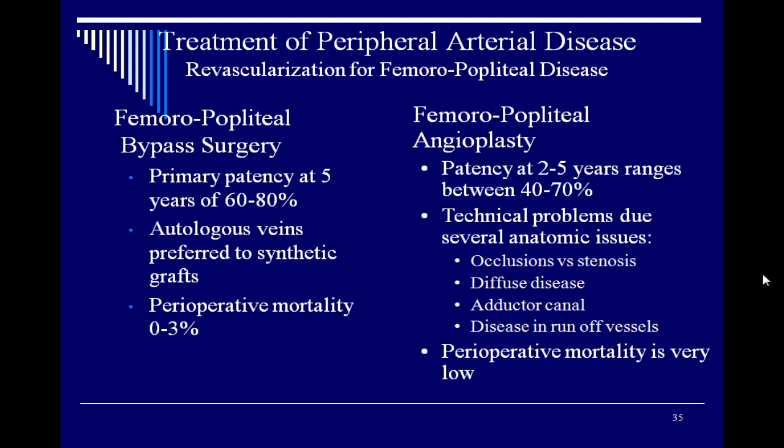Perioperative mortality is usually 0 to 3%. Femoropopliteal angioplasty. Patency at 2 to 5 years ranges between 40-70%. Technical problems due to several anatomical issues: occlusions and stenosis, diffuse disease, disease in run-off vessel. Perioperative mortality is very low.